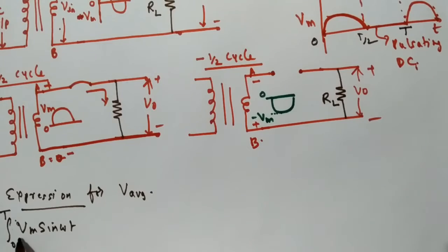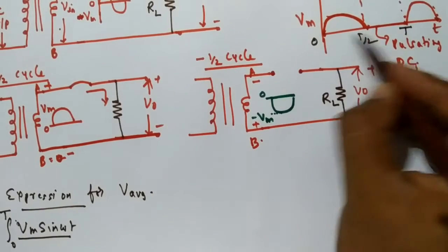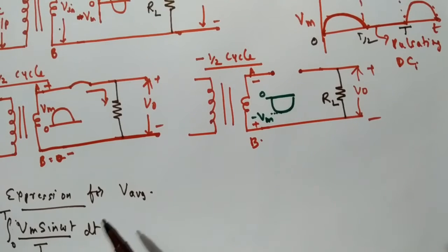Next, how do we divide by the number of samples? So divide by the total distance or the time period, that is T. So this is the expression for the average value: integration from 0 to T of Vm sin omega t divided by T, into dt.